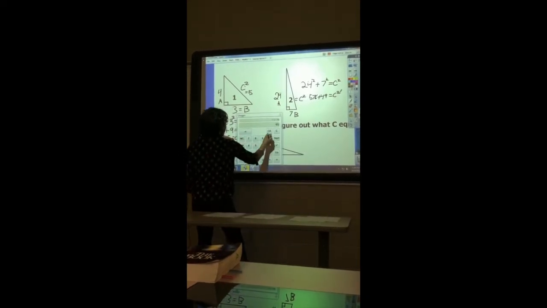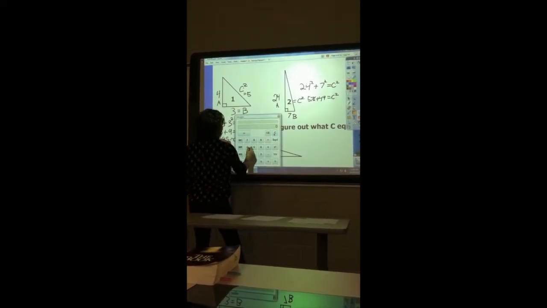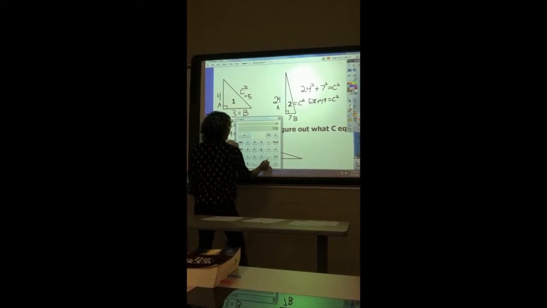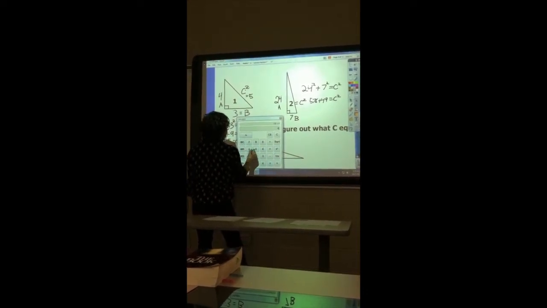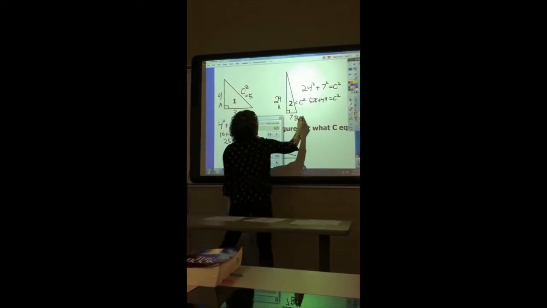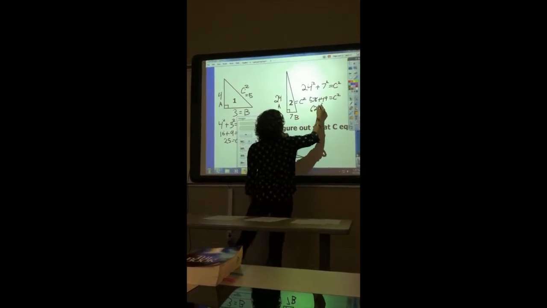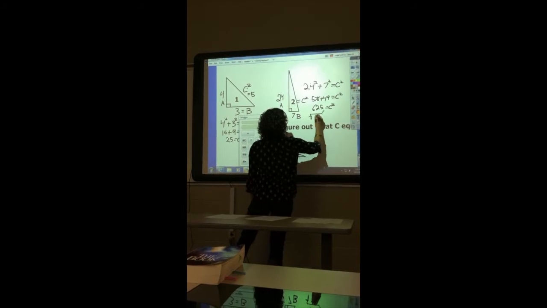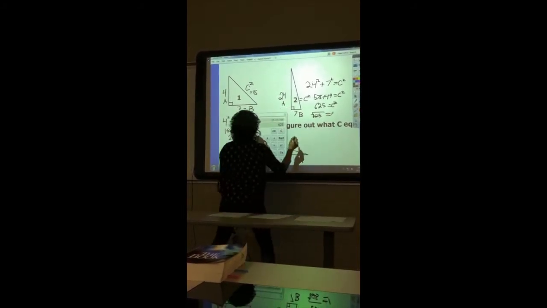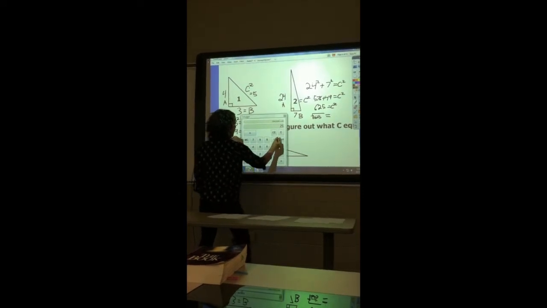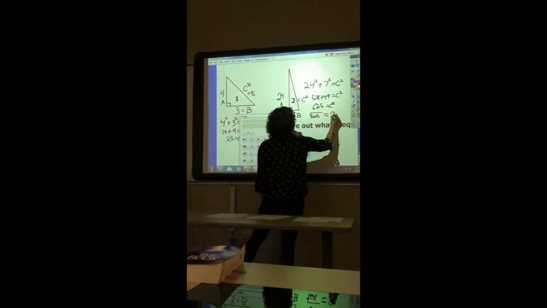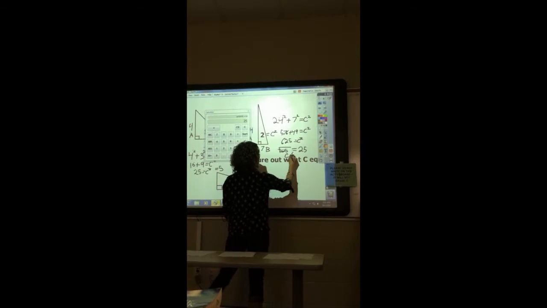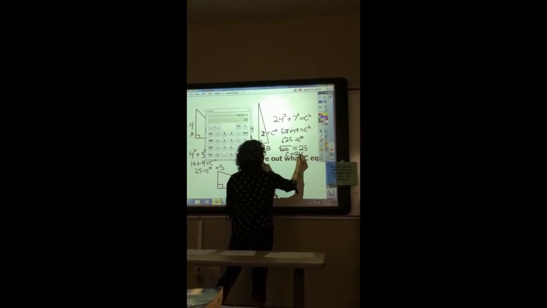We'll add those two together, 576 plus 49 equals 625. We have to find the square root of 625. And that equals 25. C will equal 25.